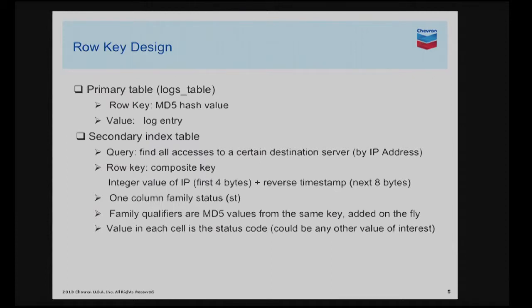So this is a little bit about how we design the tables and how we use HBase to do real-time search. We have a primary table. What we call the primary table is the logs table. It is basically nothing but the entries themselves. We put each entry as a value in the row, and the row key is the MD5 checksum.